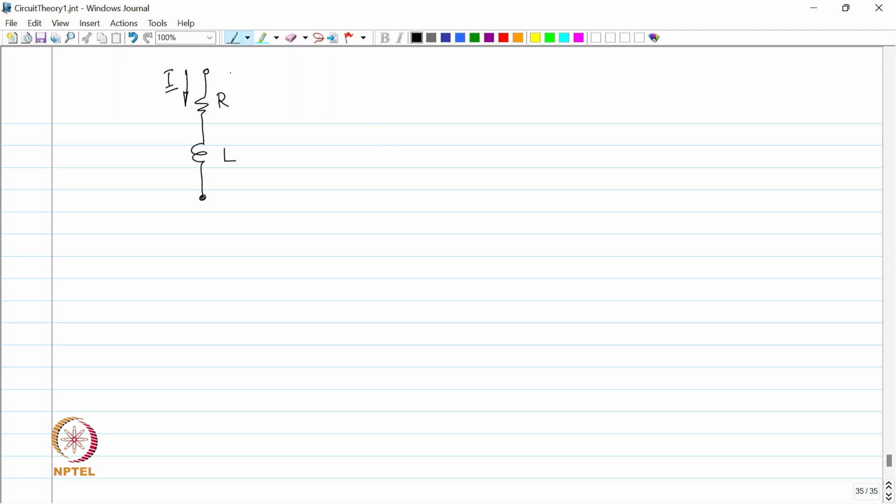What is going to be the drop across the resistor? I times R, that is the drop across the resistor. What is going to be the drop across the inductor? No more L di by dt, that age is over.